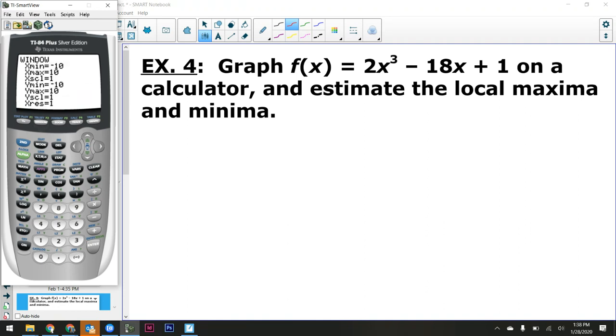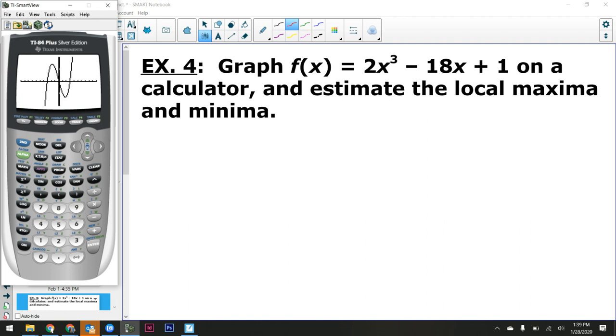Because I did this earlier today, I know that my y value needs to go down to negative 30, and my y maximum value has to go up to positive 30. I'm changing my window so that it goes down to negative 30 and up to positive 30. Now do I see my maximum and minimum values? So all I need to do now is calculate them.